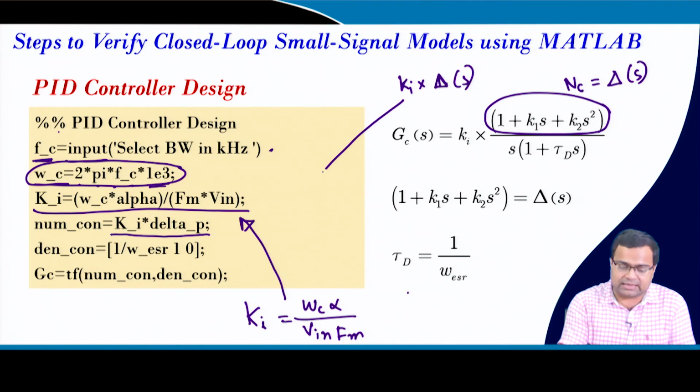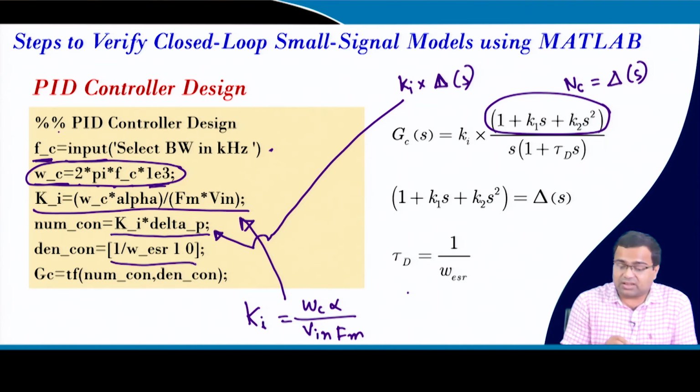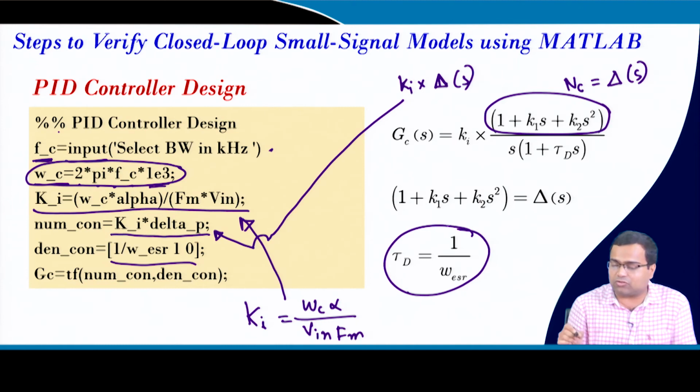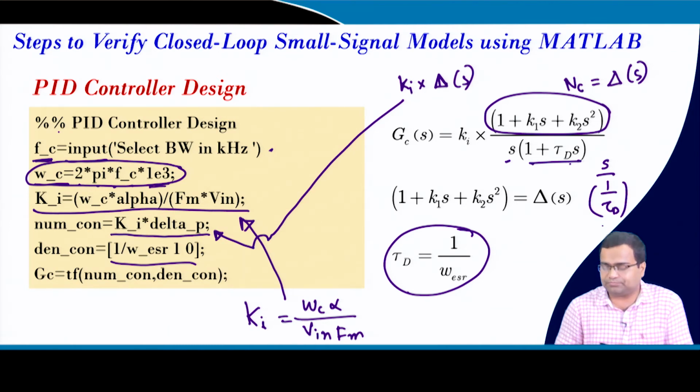So, this is exactly what is here. Okay. What is the denominator? In the denominator, we want to take this controller, that means there are two poles, right? One pole at the origin, another pole will be s by 1 by tau d, like this, right?